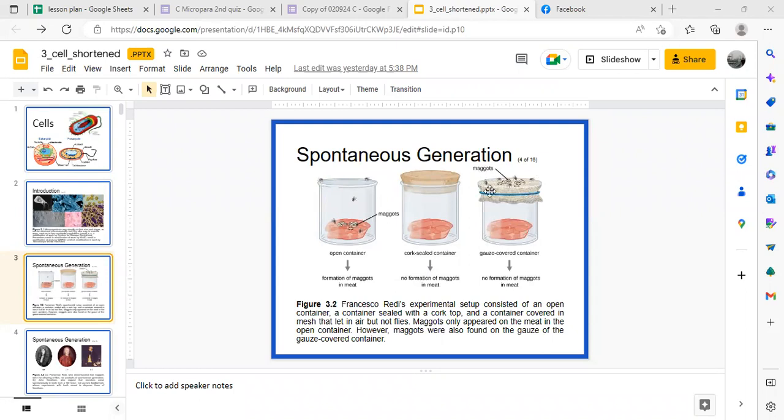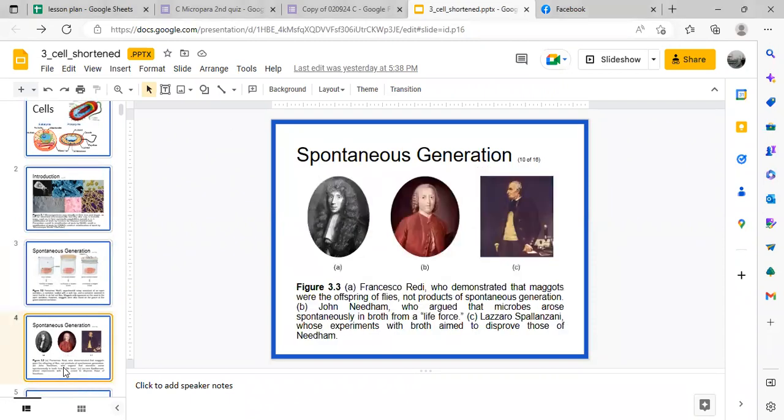So dito na-prove niya na yung maggots na nasa meat ay galing sa flies. Okay? So he was the first one to disprove, lalo na for large organisms, yung hindi microscopic. He was the first one to prove that life comes from other life. So yung abiogenesis, maling theory yan. Okay? So ayan si Francesco Redi.